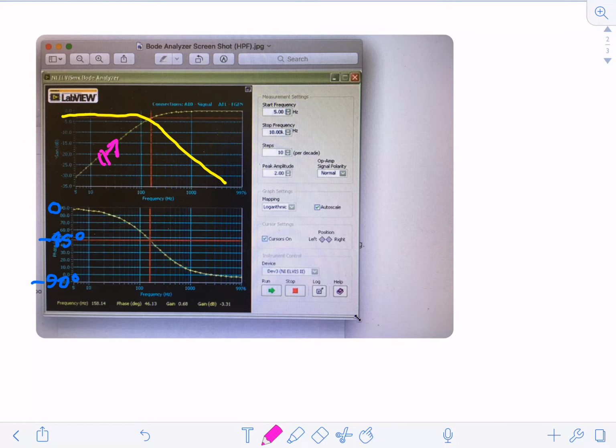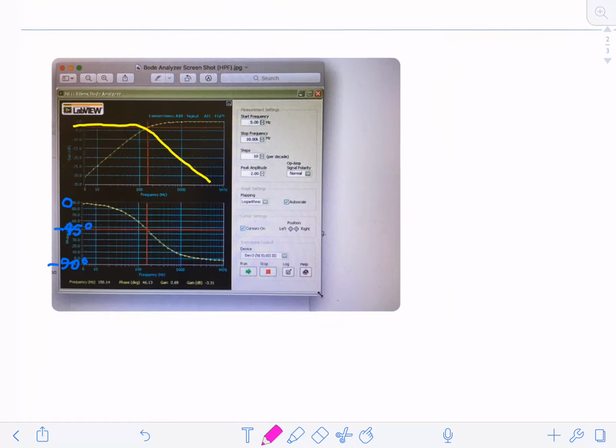And so the question is, why are we talking about the minus 3 dB point? Well, it's because of this. There is a convention that says frequencies that are less than or equal to minus 3 dB in a low-pass filter are in the pass band.